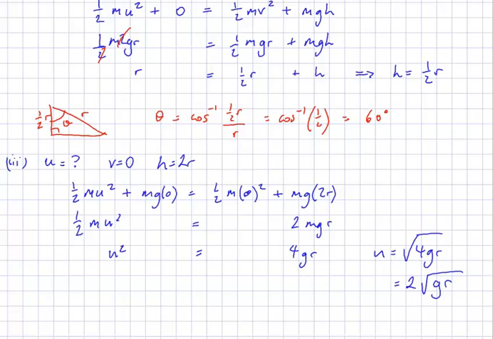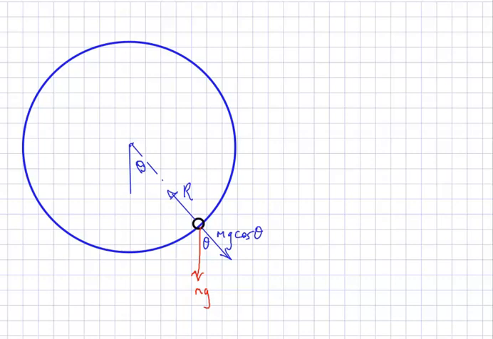If I could just finish off by spending a moment talking about forces. Just be aware when this little ring or bead is on the circular wire rail, you have the weight acting down, mg, and there are various components. The component that is in line with the center is going to be mg cos theta, where theta is the angle to the vertical.